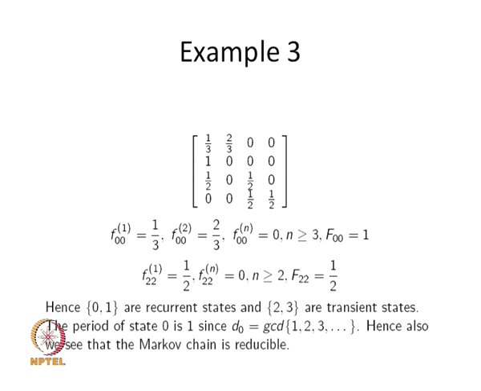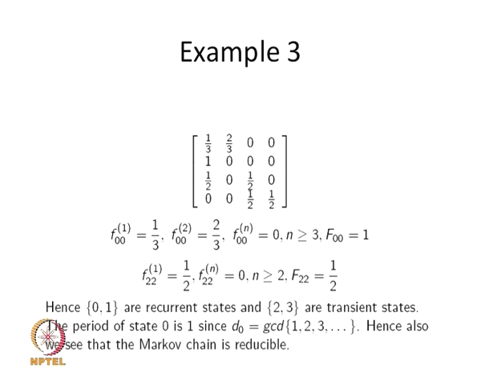Therefore, the state 1 is also going to be the recurrent state. Now we can go to the state 2. So the states 0 and 1 are going to be the recurrent states.